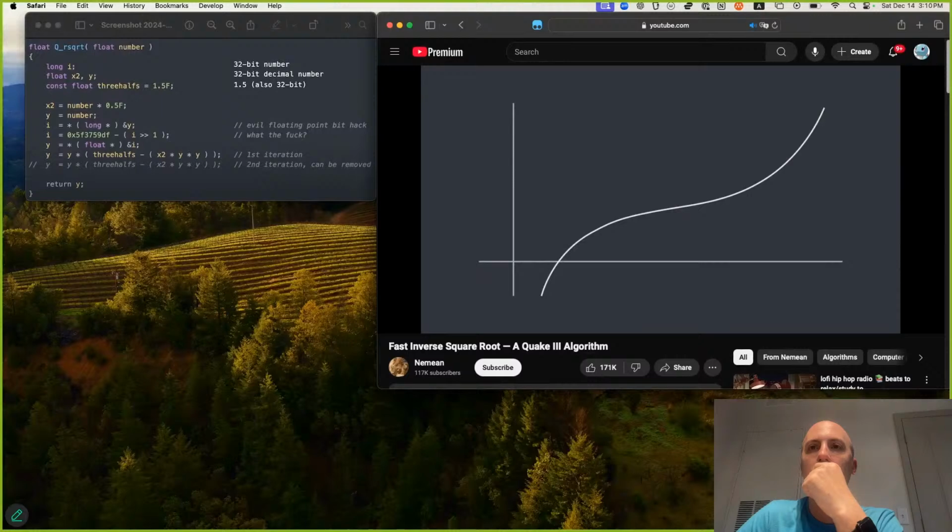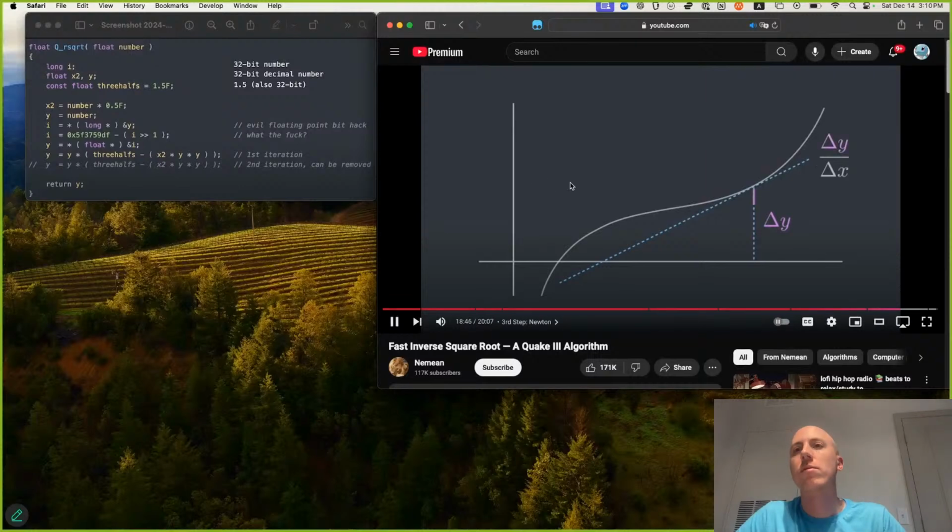And what Newton's method does is that it takes an x value and tries to guess by how much it is off from being a root. It does so by calculating f of x and its derivative. We can write f of x as y and the derivative as dy over dx.